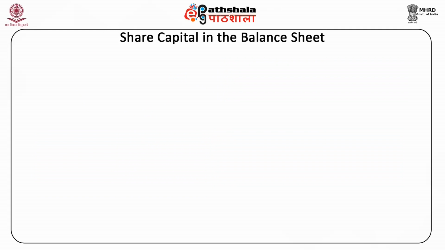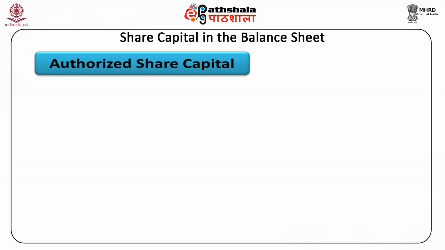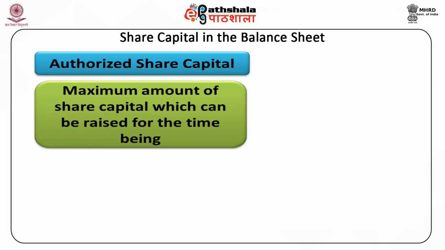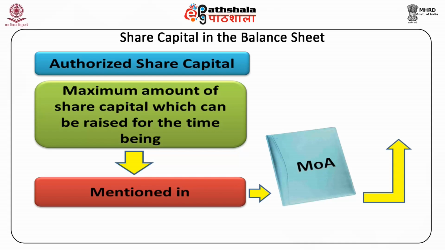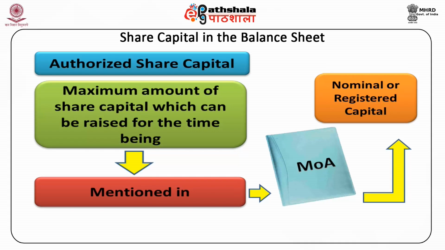Share capital is generally classified in the balance sheet into the following three categories. A. Authorized share capital. It is the maximum amount of share capital which a company can raise for the time being. It is mentioned in the company's memorandum and is also termed as nominal or registered capital.